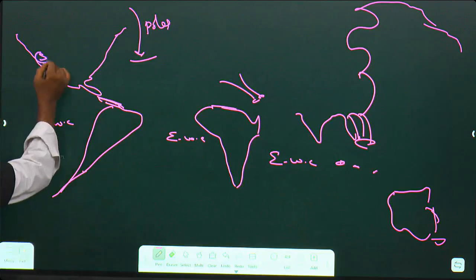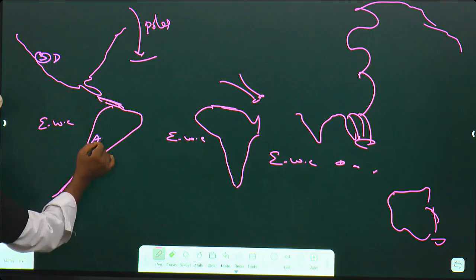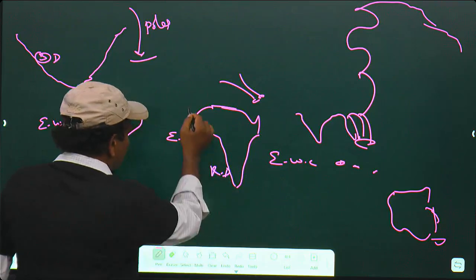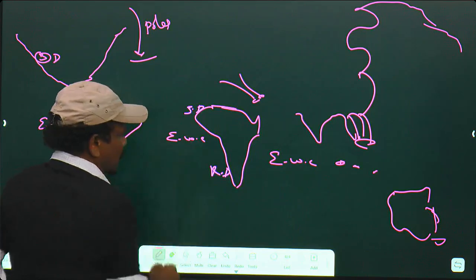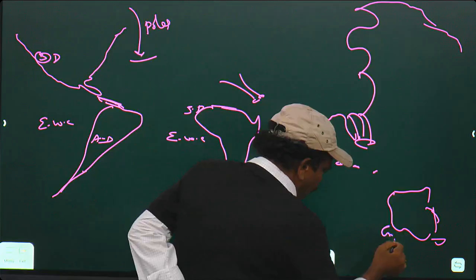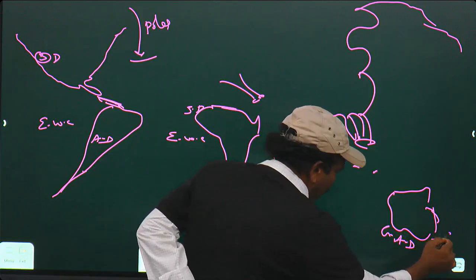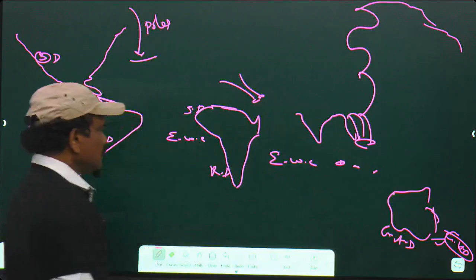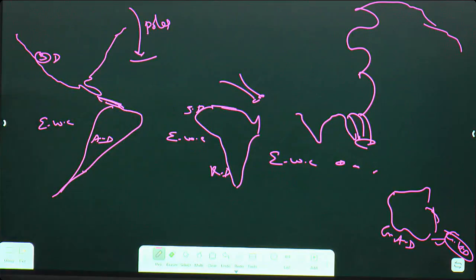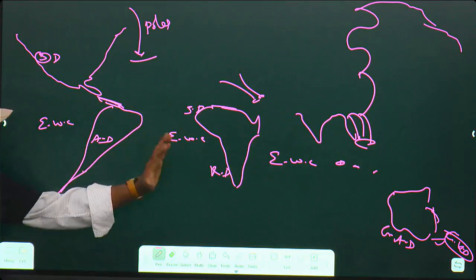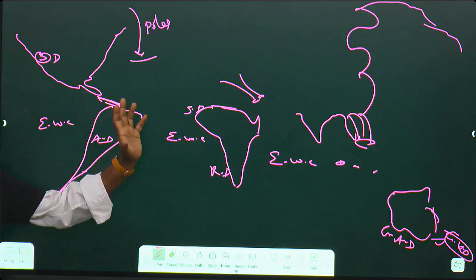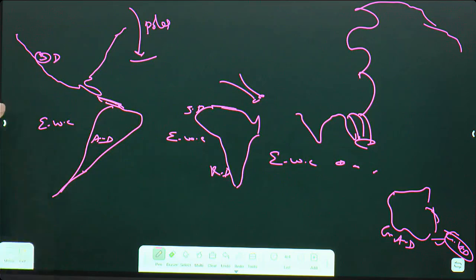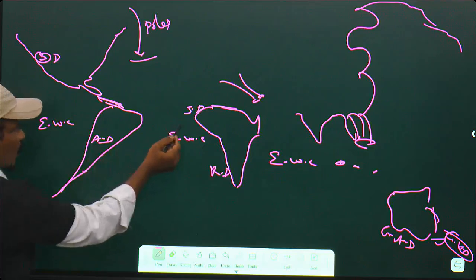Here Sonoran Desert, here Atacama Desert, here Kalahari Desert, here Sahara Desert. Here Great Australian Desert, Great Victorian Desert. Clear? The currents which originate near the equatorial area are called equatorial warm currents. For example, the Atlantic Ocean current.